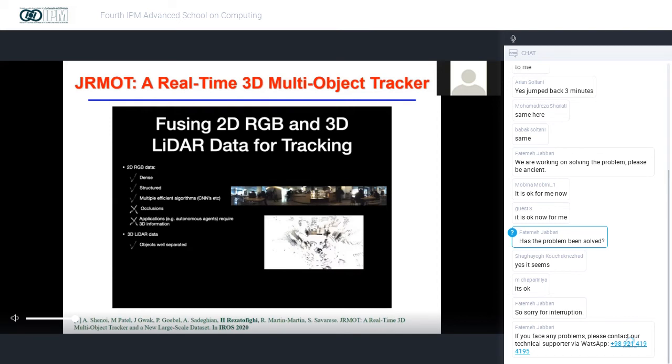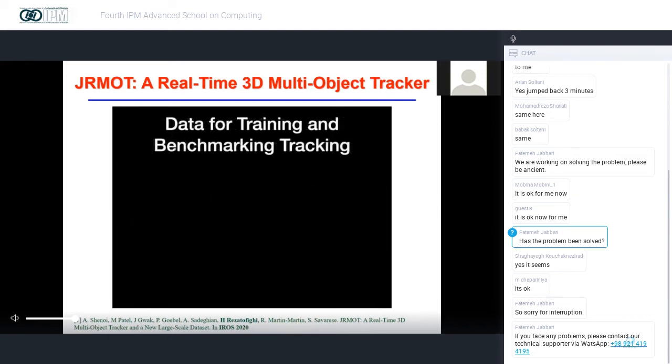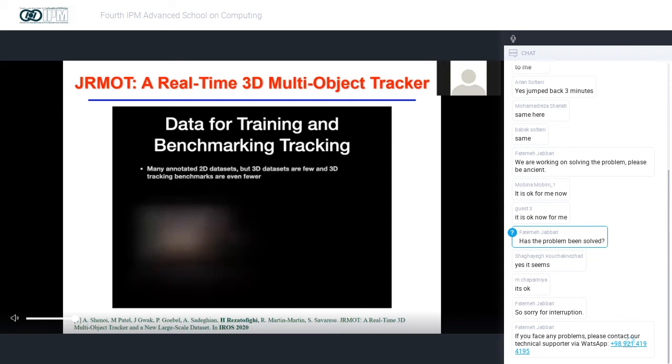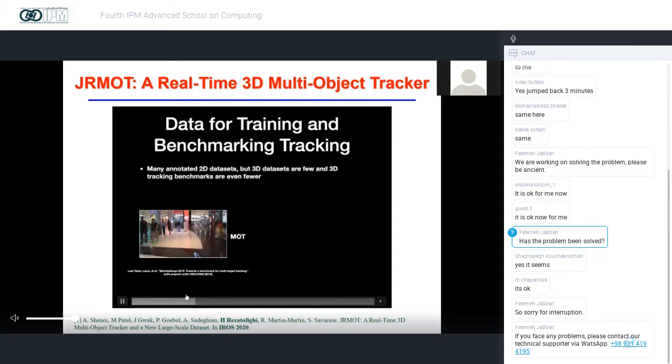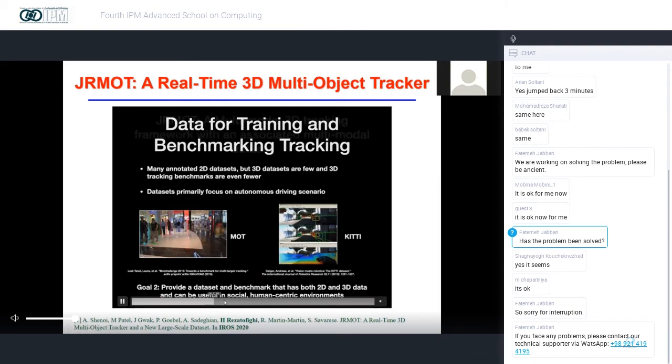But the goal of this paper was to take the state-of-the-art approaches in 2D and 3D LiDAR, and blend them to do better detection and better matching in 2D and 3D, leveraging both sensor modalities.